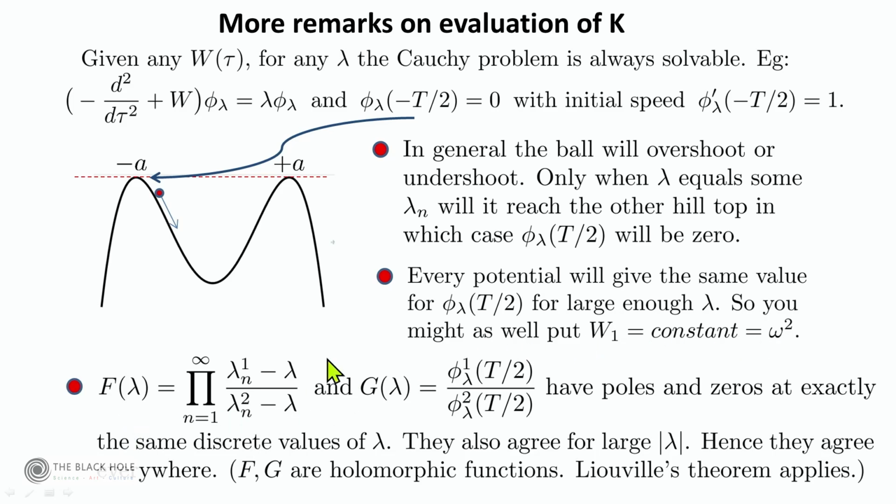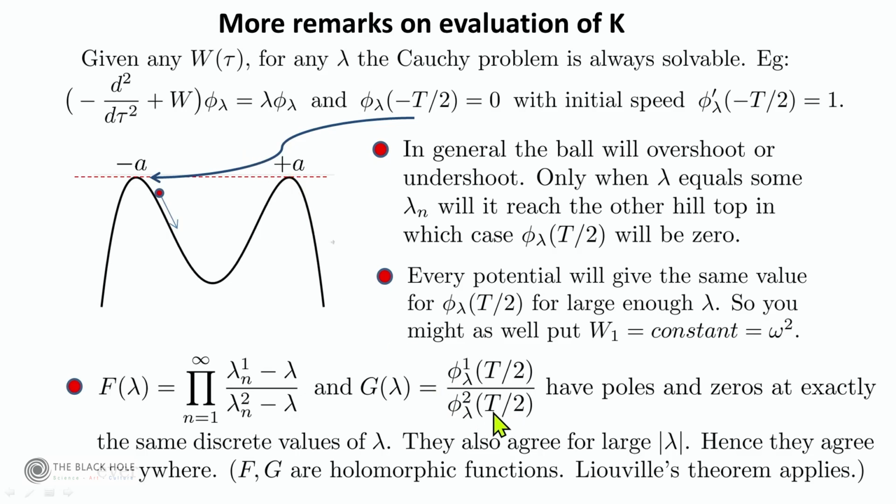Now, if you look at this thing, which I just discussed, and you look at this thing, which is the value of the function phi lambda on the other side at t over 2. Now, you see that when lambda is equal to lambda n, then it will have reached the top over here.